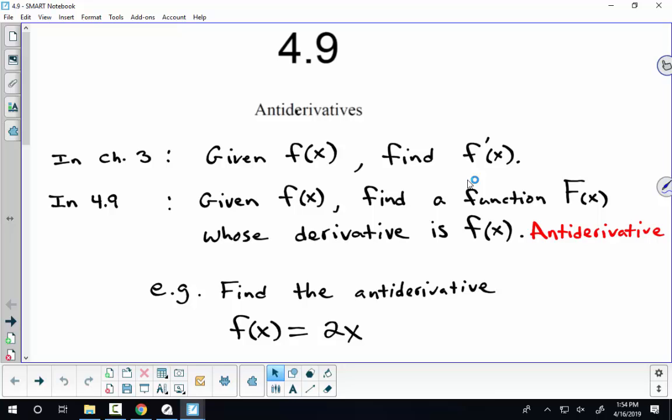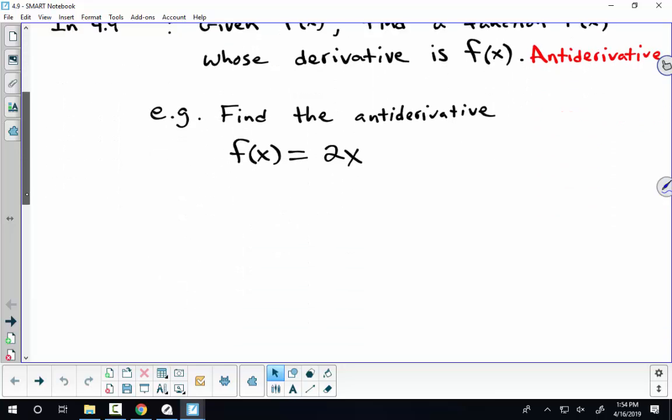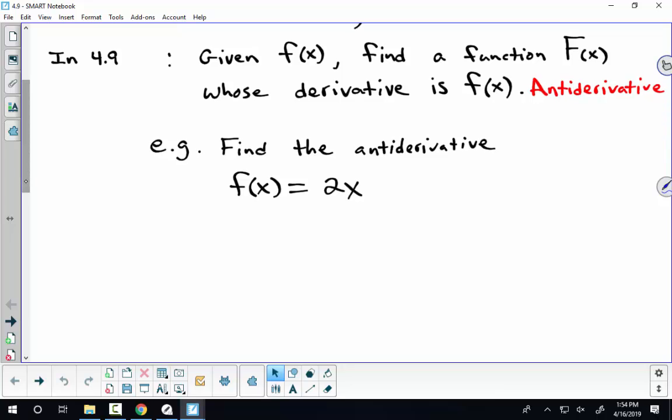So for example, find the antiderivative of the function 2x. So we're going to call the antiderivative capital F of x for now. And I'm just going to write this out in words.